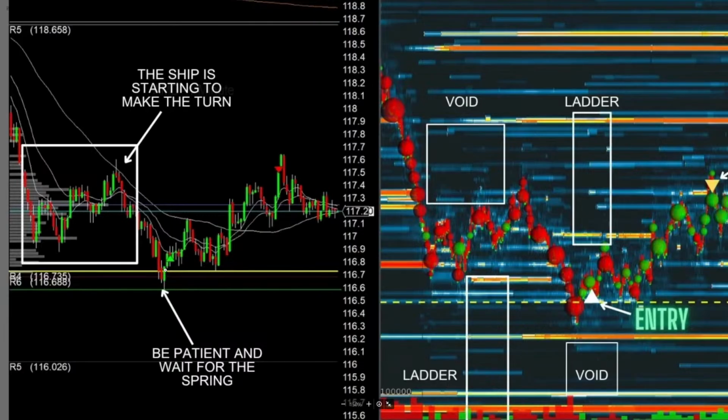You look for your cam level, and if you put some of these candles together, this would be like a hammer, or whatever it is, with the big long wick. That's what you look for at your cam levels, and you give it a shot, and if it goes through, you take a small loss and look for the next cam level. We've seen you do this so many times, so I'm okay with that.